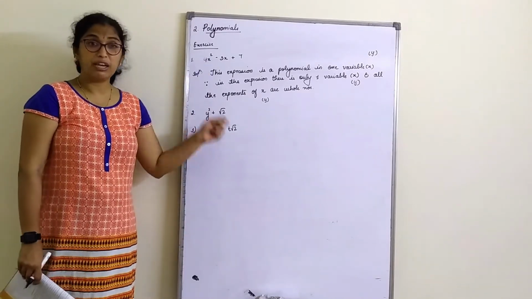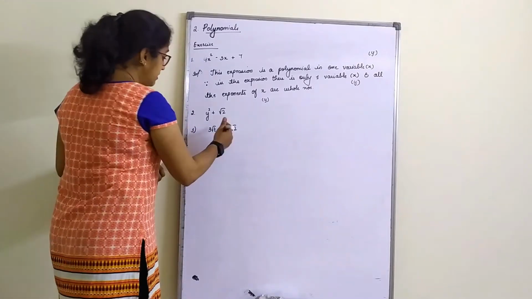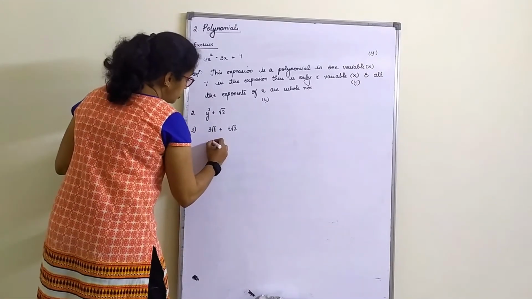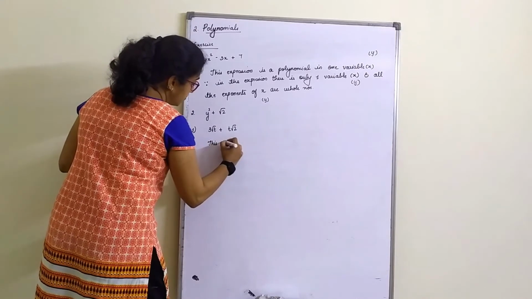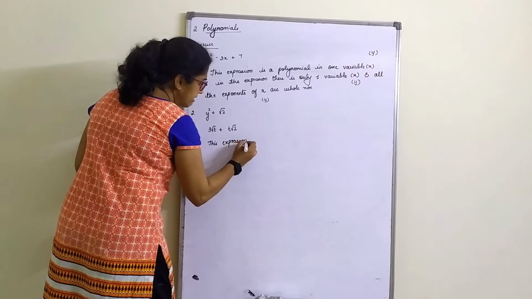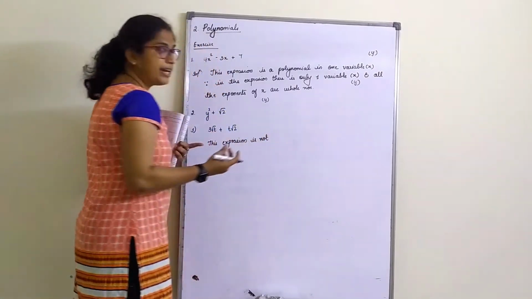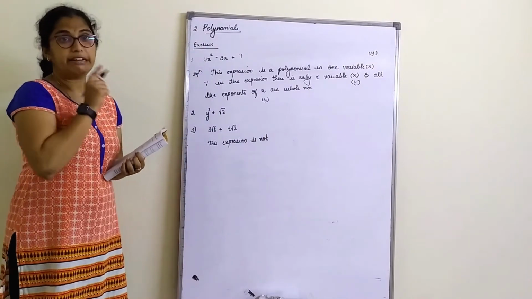So this cannot be a polynomial at all. You will write the reason directly: this expression is not a polynomial. Do not write in one variable, because it's already one variable.